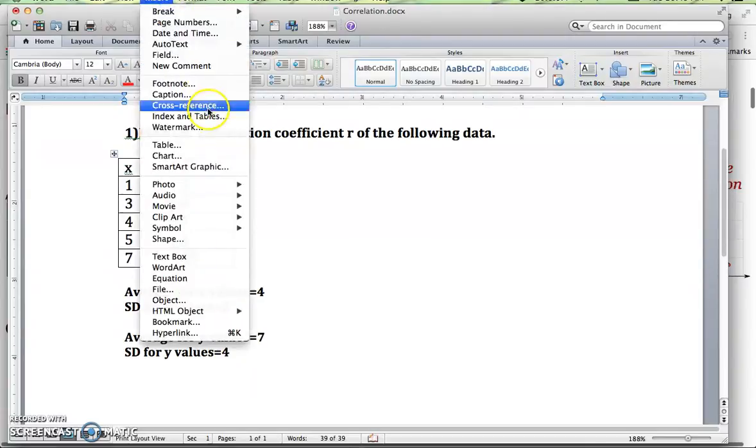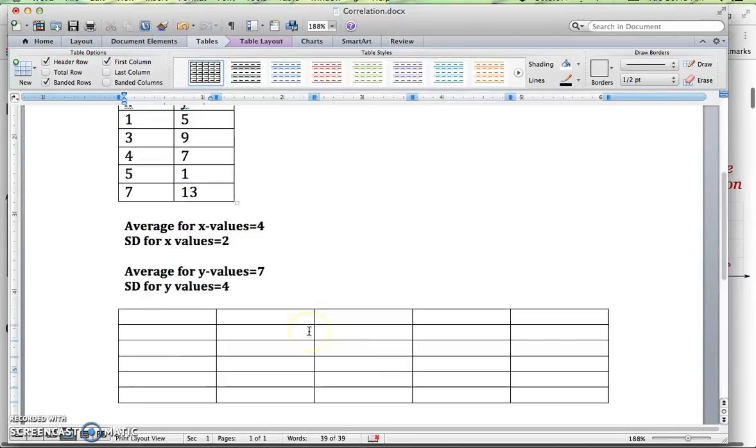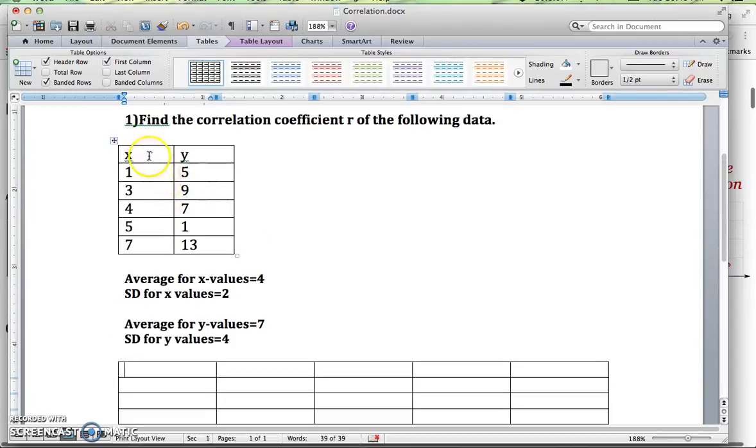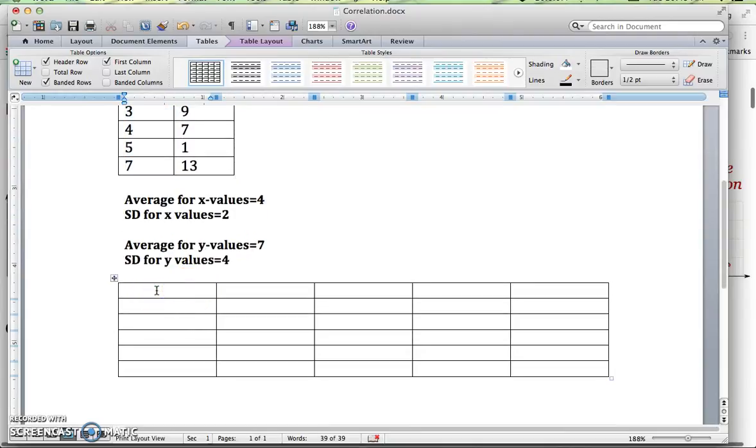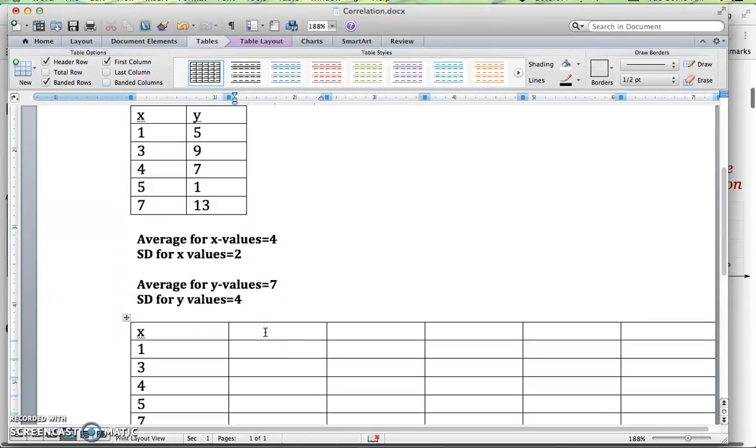So I'm going to do an insert, and I want to make a table, maybe a 6 by, so I want 6 of these, 5 of those. So here we go. And then I'm going to copy this value down to this table. Now we'll copy this value down to this table.